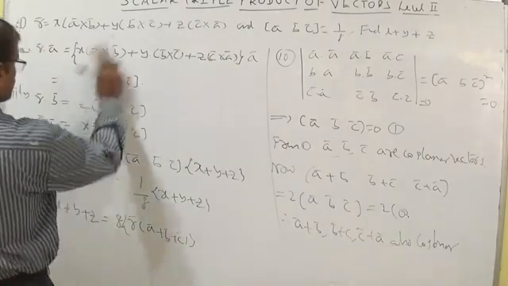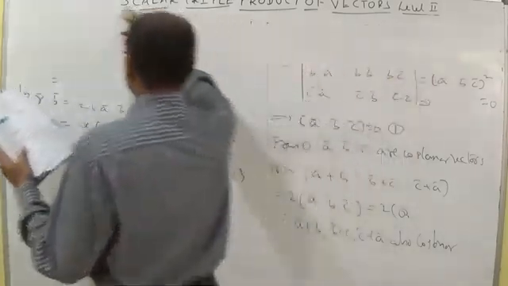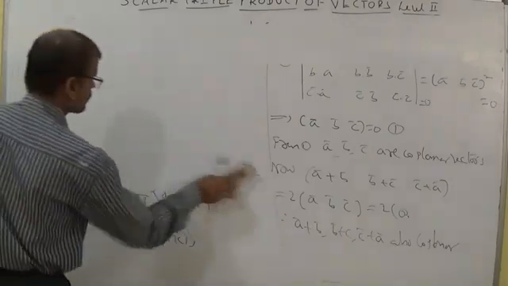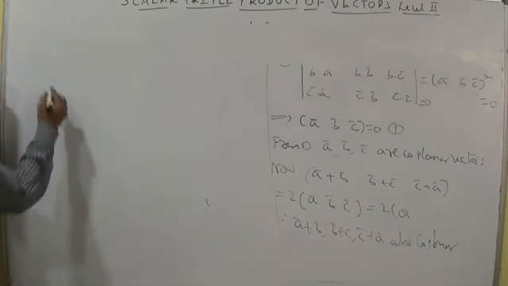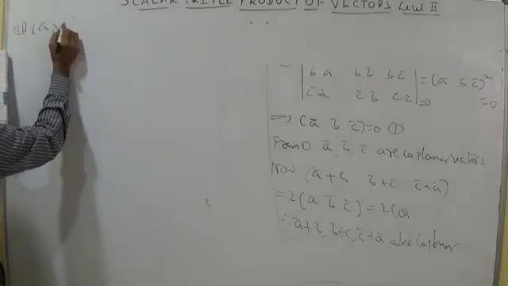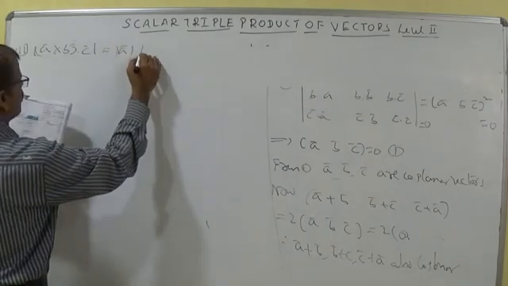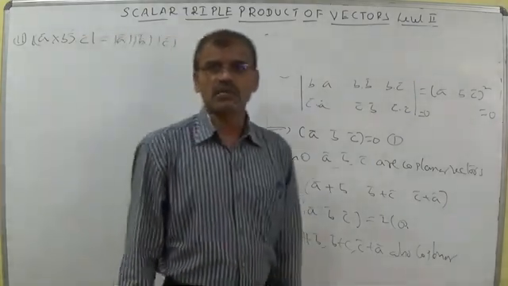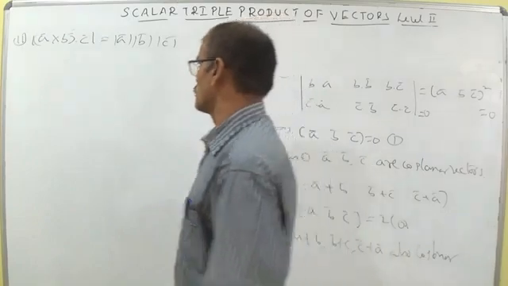Next question, 11th question. For any three non-zero vectors A, B, C, plenty of times we discussed in the concept and the second sum also. Today the first question we discussed it. In the concept also we discussed that whenever A bar cross B bar dot C bar is equal to mod A into mod B into mod C, then A bar, B bar, C bar are said to be mutually orthogonal.